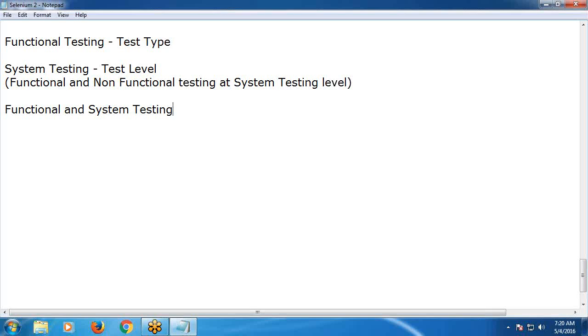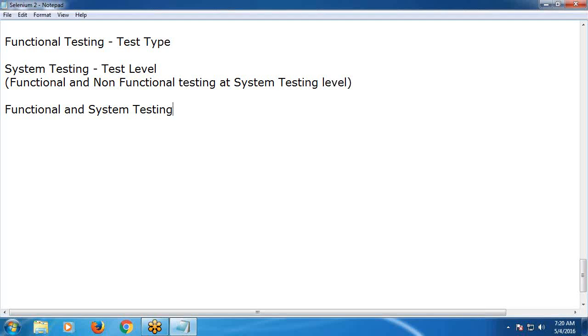Suppose London and UK, or Delhi and India. Correct sentence? No, Delhi is part of India. Suppose India and Pakistan. Correct. Why? Both are different countries. Delhi and Mumbai, both are different cities.